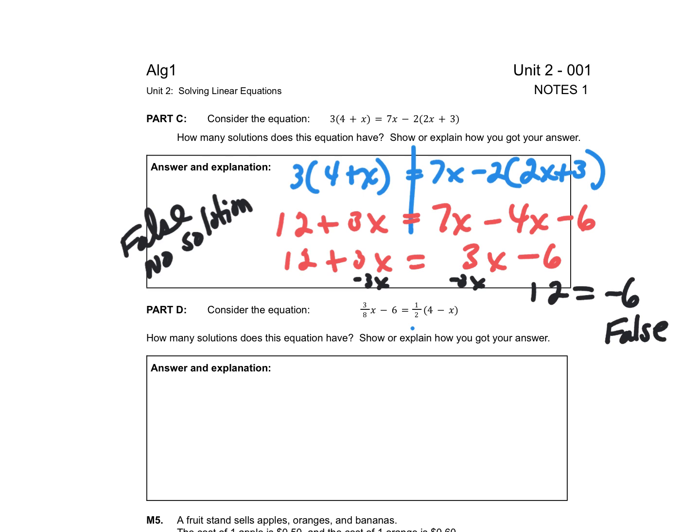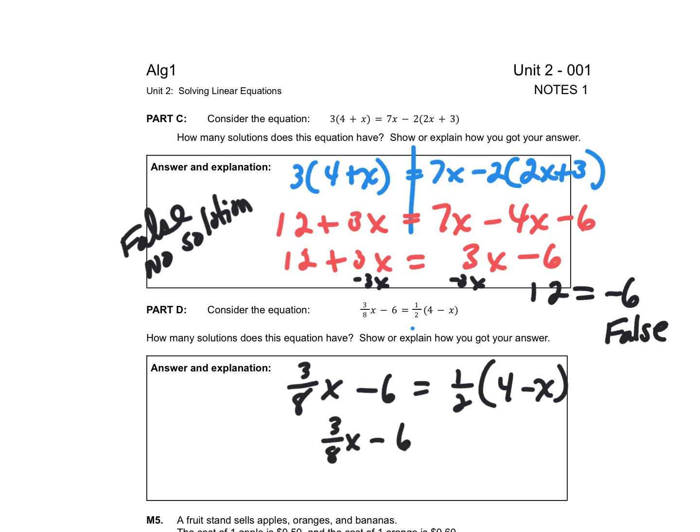And then how many solutions does this have? So 3, 8x minus 6 x minus 6 equals 2 minus 1/2 x.